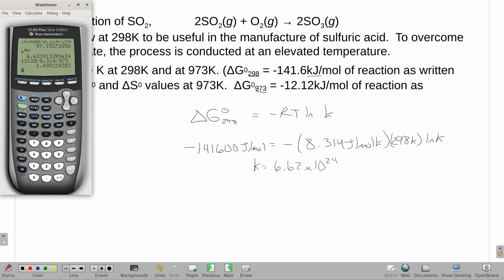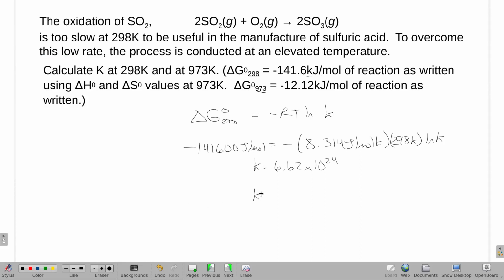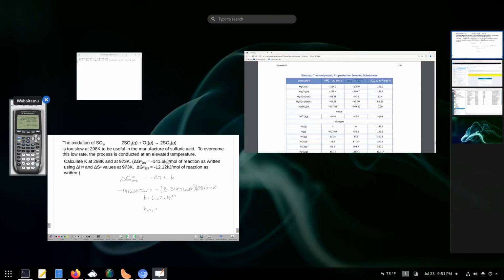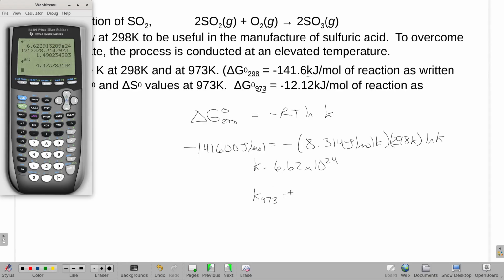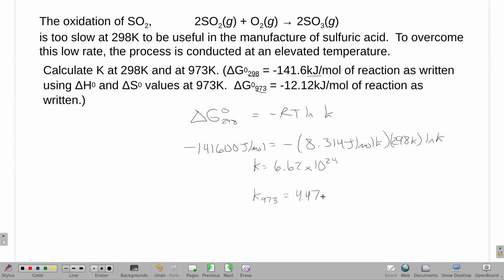And we're going to do the inverse natural log again. And we get that the K the second time, so K at 973 equals, what's that, 4.47? 4.47. Alright, still favors making products, just not nearly as much.